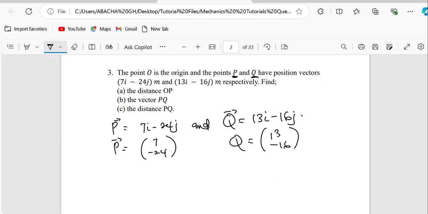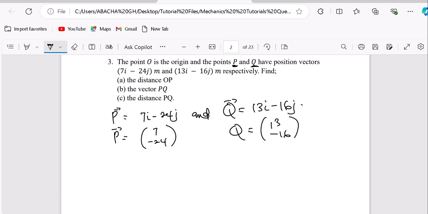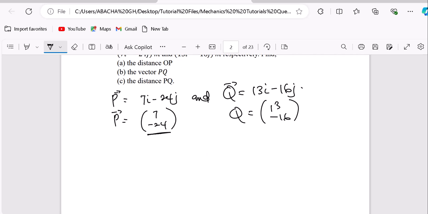So we have been asked to find the distance OP. OP is a position vector, and so this p here is the same as the vector OP. Since we are asked to find distance, that's just the magnitude of it.